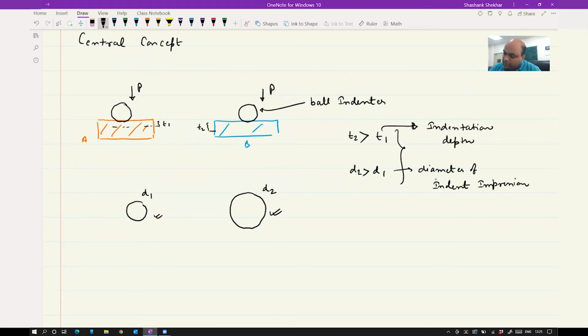Finally, you can write H1 greater than H2.